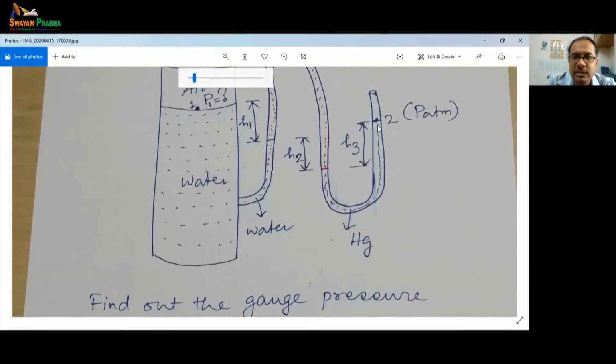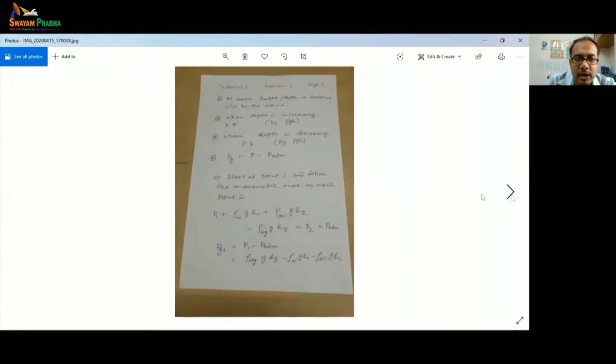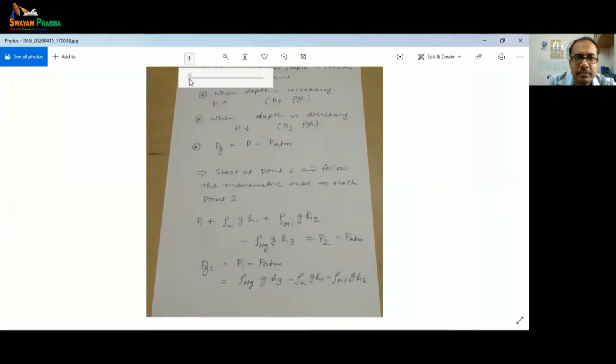The pressure will decrease by rho g h3, and this rho will be the rho of mercury, right? So these are the concepts we have introduced, and these we are going to apply for solving this problem.